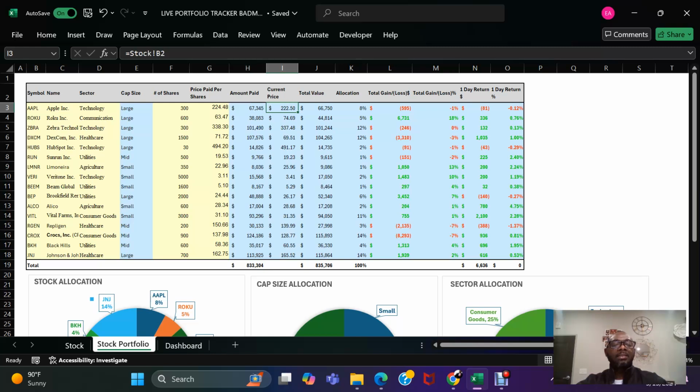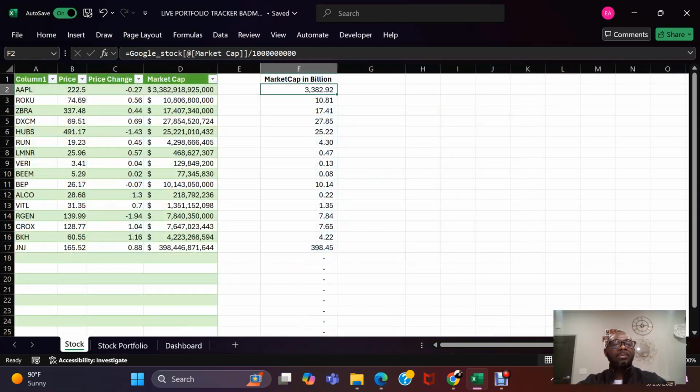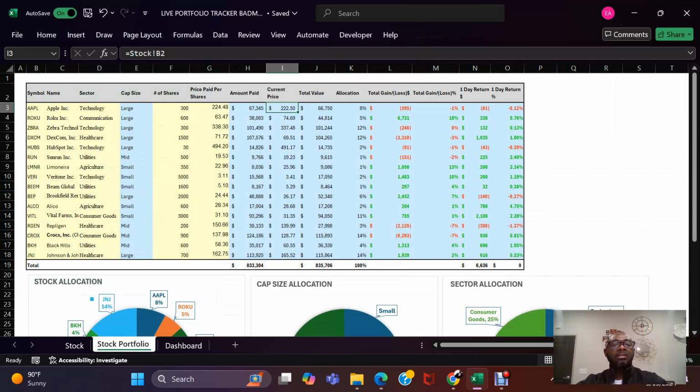The current price is a live price determined from the Google Finance sheet, so it updates itself live as the prices change. The value is simply our current price multiplied by the shares, and that gives us the value.